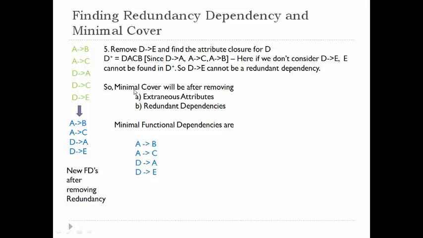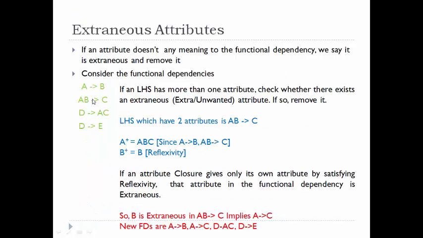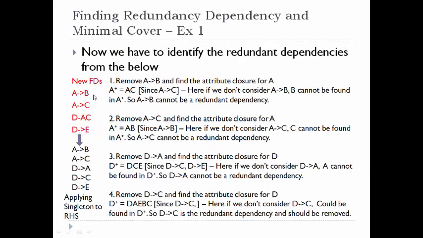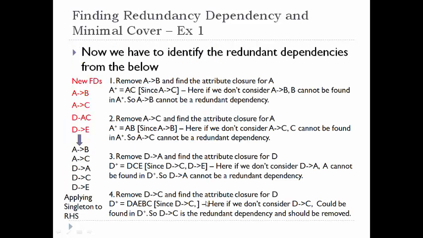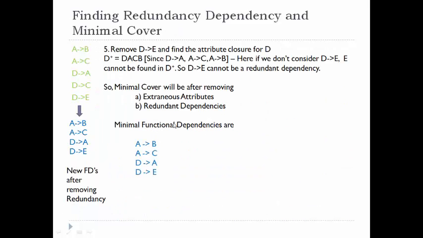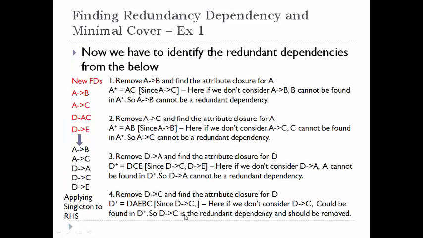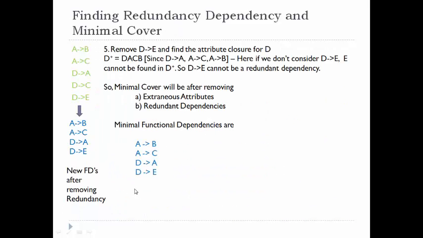So we have found two redundant functional dependencies: A tends to C and D tends to C are redundant, and this is the final minimal cover.